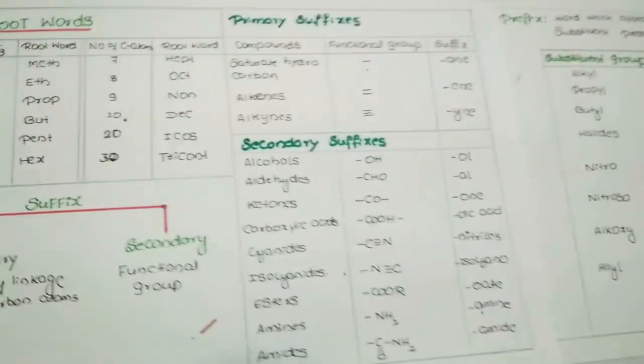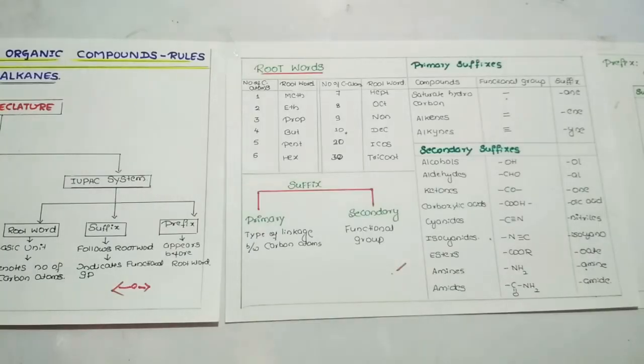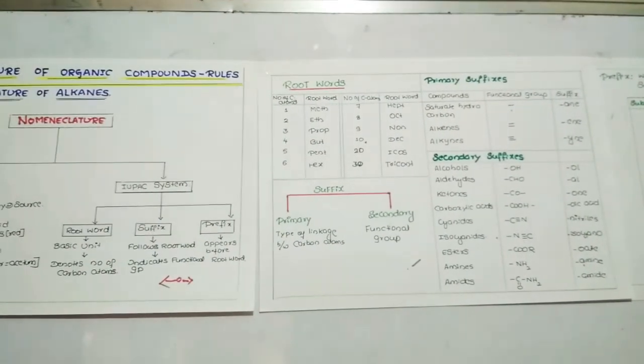Before going to the rules, you should know all these. These are the basics for the nomenclature of organic compounds. Before going to the rules, you should remember whatever I have told in this video. This is the first part of the nomenclature.